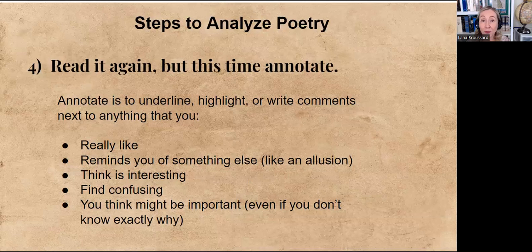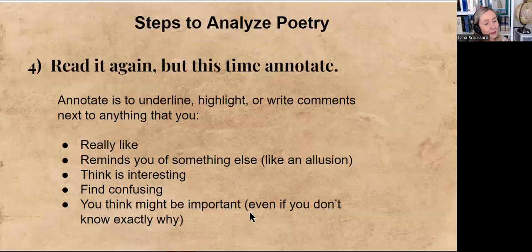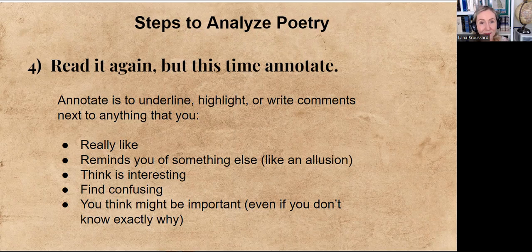Next to anything that you really like, that reminds you of something else, like an allusion that you think is interesting, that you find confusing, that you think might be important, even if you don't know exactly why. Okay? Any of those things you could annotate. Okay? Underline, highlight.